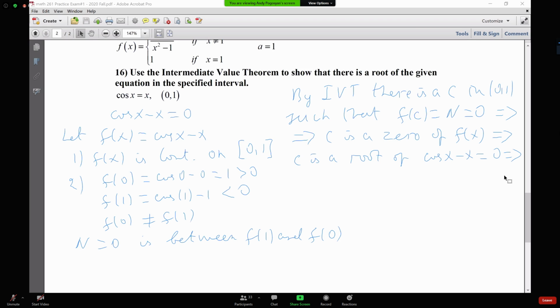And this implies C is a root of cosine x equals x. And C is from the interval [0, 1]. So by the intermediate value theorem, there is a root of this equation in that interval.